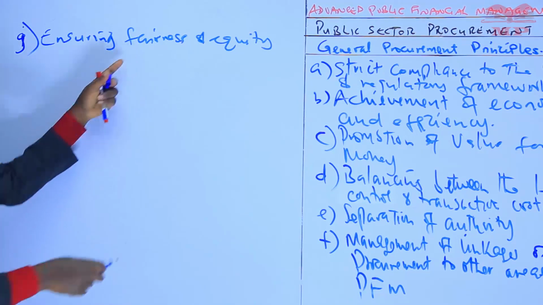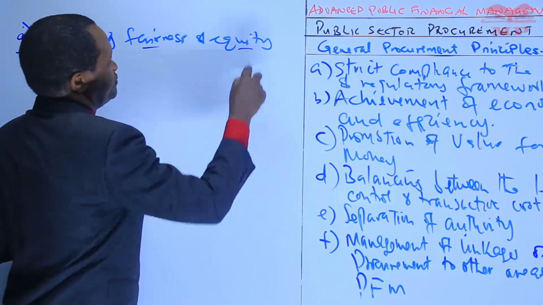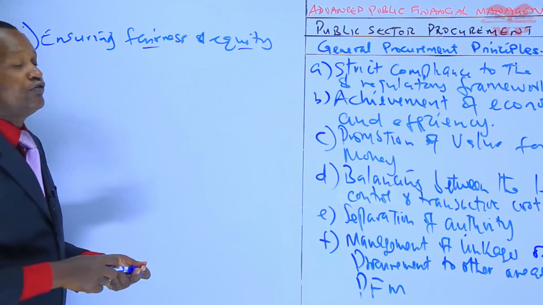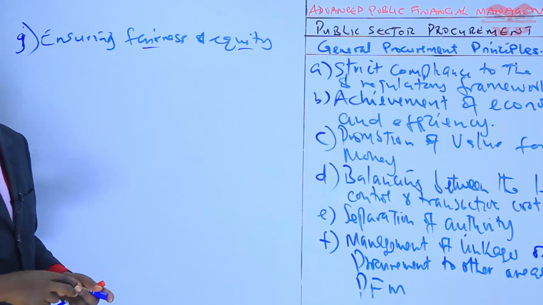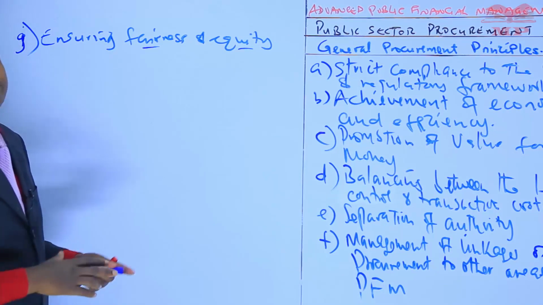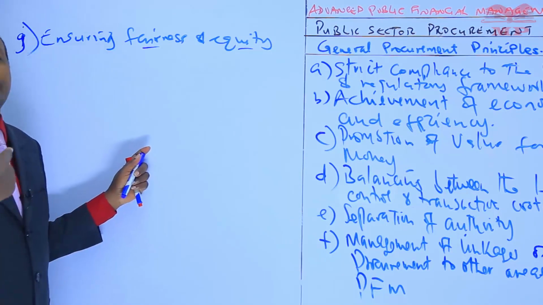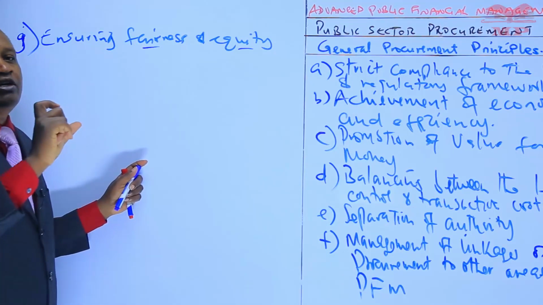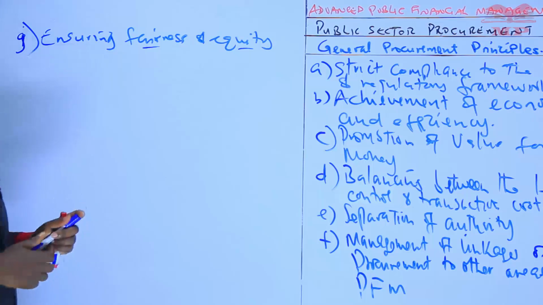There ought to be fairness. There should not be instances of favoritism or discrimination at the invitation stage, at the evaluation stage, and also at the award of procurement contract stage.